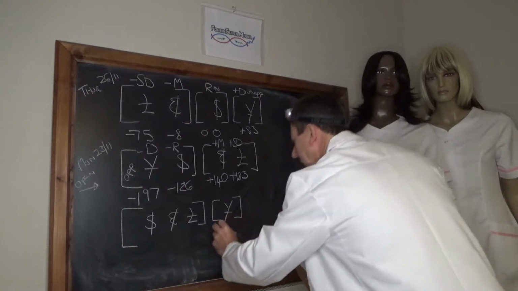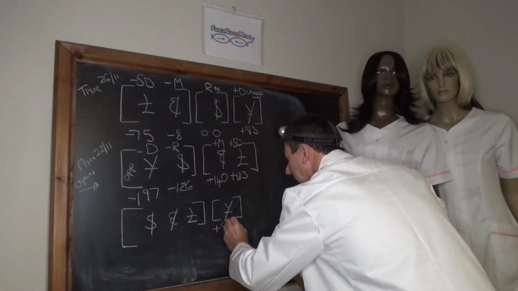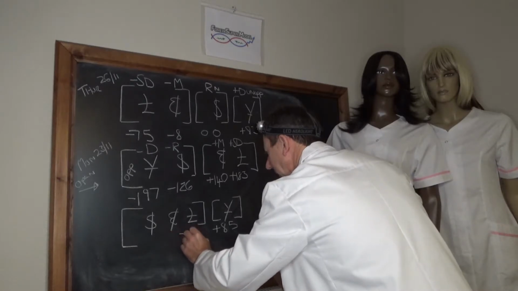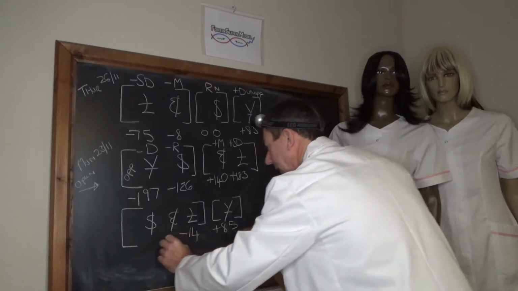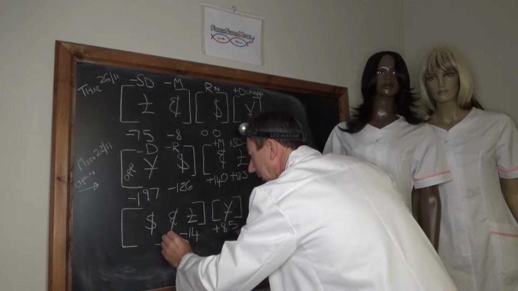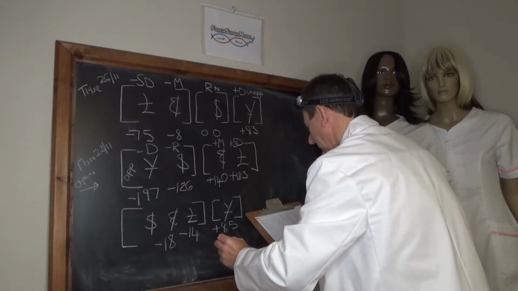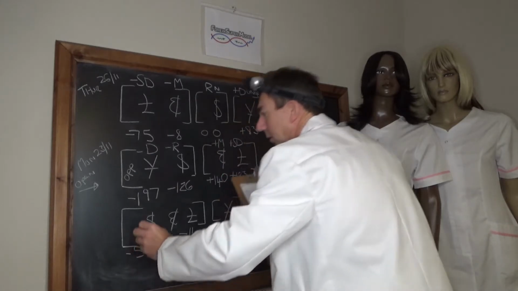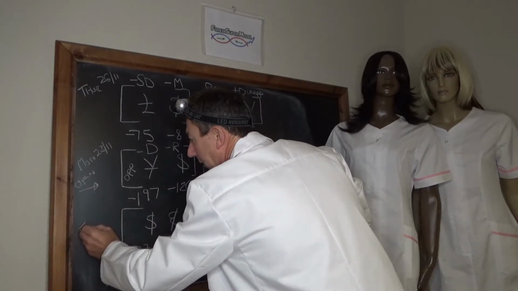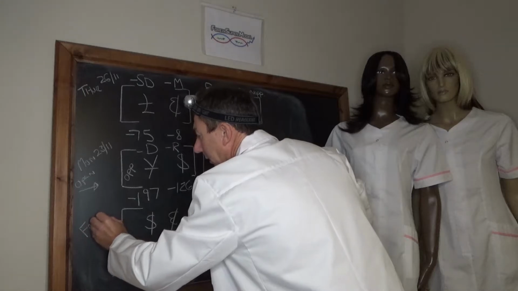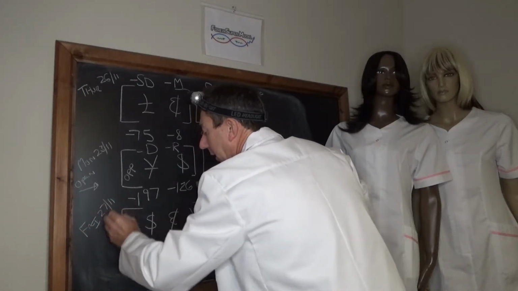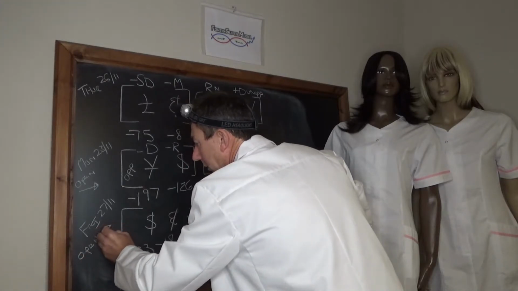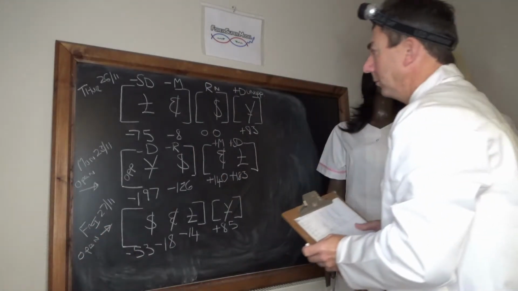Put the figures in, plus 85, the pound is minus 14, euro minus 18, and the dollar minus 53. So this is Friday, today, 27th of the 11th, open to about half an hour ago.